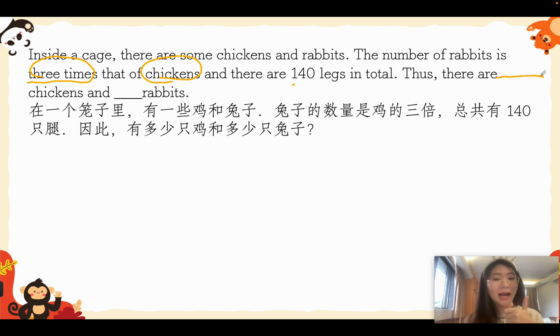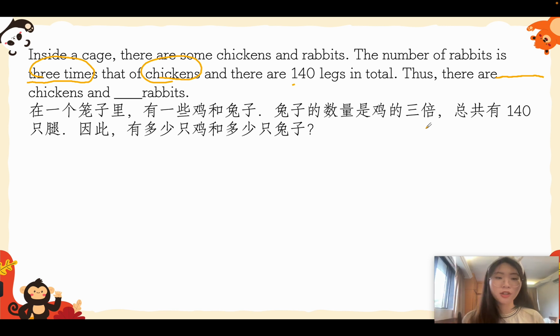I want to say, yeah, you're great. You just apply the equation to the word problem. Then I give you a plus. But this question, you can also use the group method you learned in the last video to solve this problem. Very easy. We know in the last question the number of rabbits and chickens was the same, right?